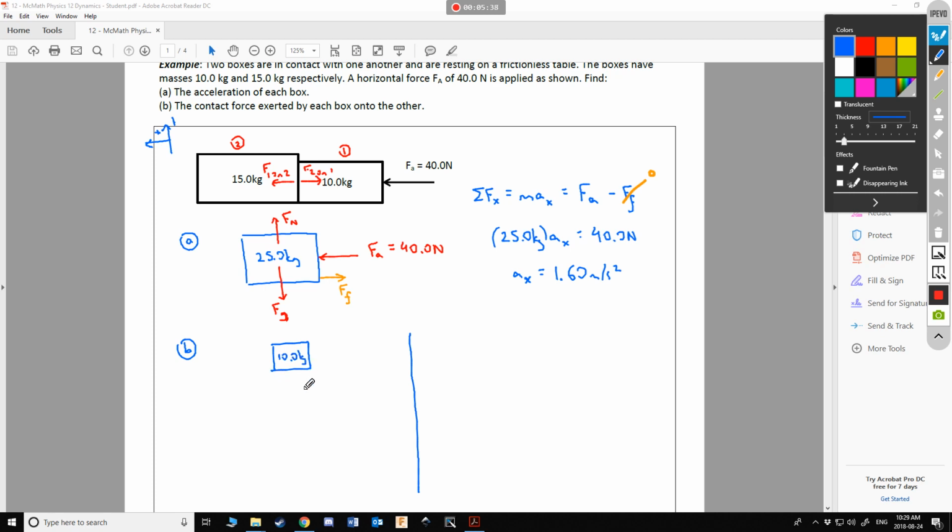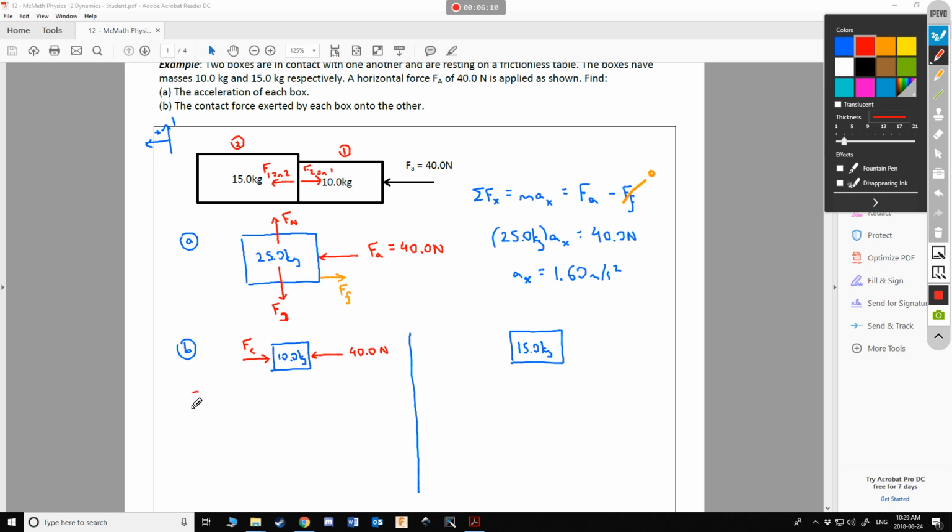Let's draw the forces acting on it. We'll do the 15 kilogram block at the same time. Here's my 15.0 kilogram block. Looking at the 10 kilogram block, that 40.0 newtons is pushing to the left, but we also said that we have a contact force pushing back. So let's call it FC, that contact force.